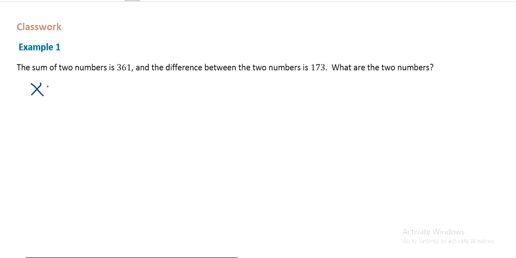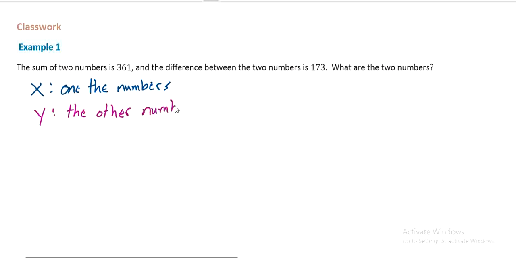We'll say x is one of the two numbers, and we'll say y is the other number. Not too complicated in this case. There we go, we defined our variables.